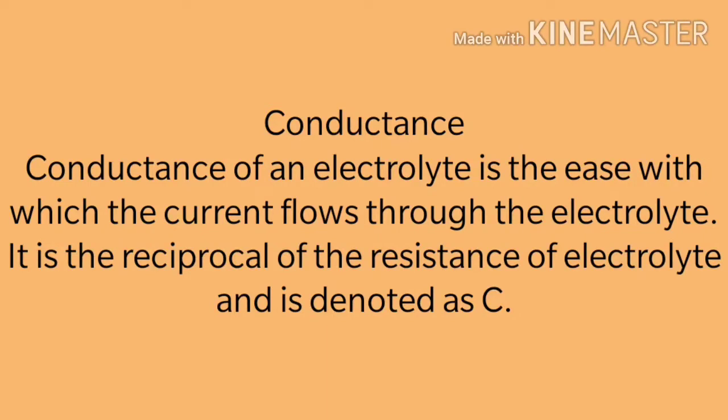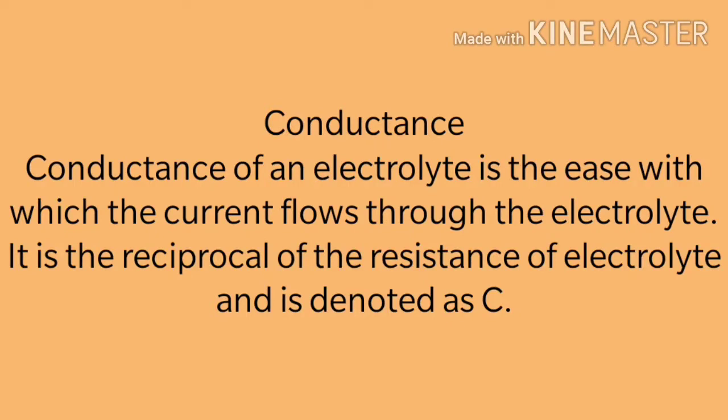Resistance of the solution is that which affects the flow of electrical current. So for the conductance, we measure the resistance of the electrolyte, and then we take the reciprocal of it, and then we will get the conductance of the solution.